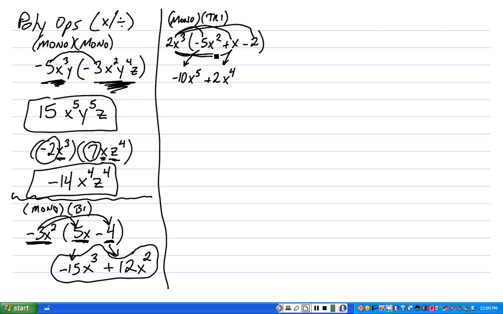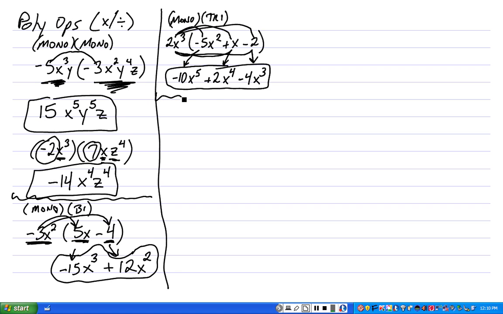Then I go 2 times a negative 2, which is a negative 4, and I keep my x to the third. There is no x here, so I just keep that x to the third. There's my answer.